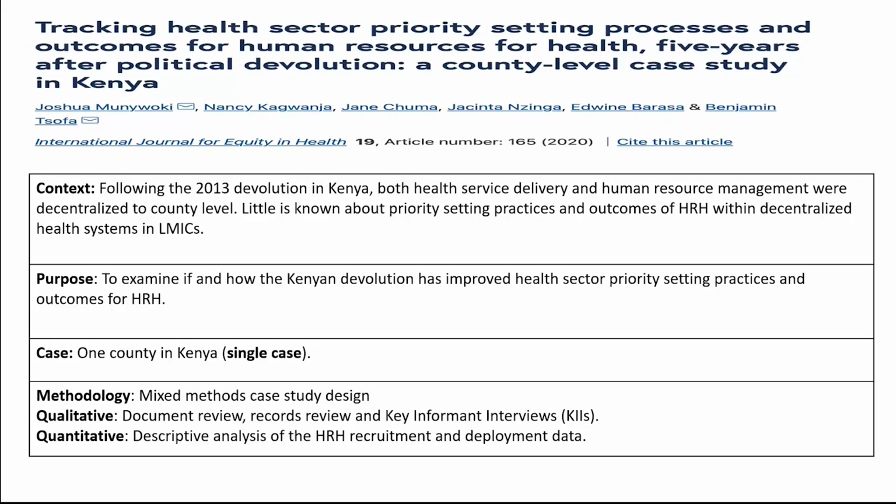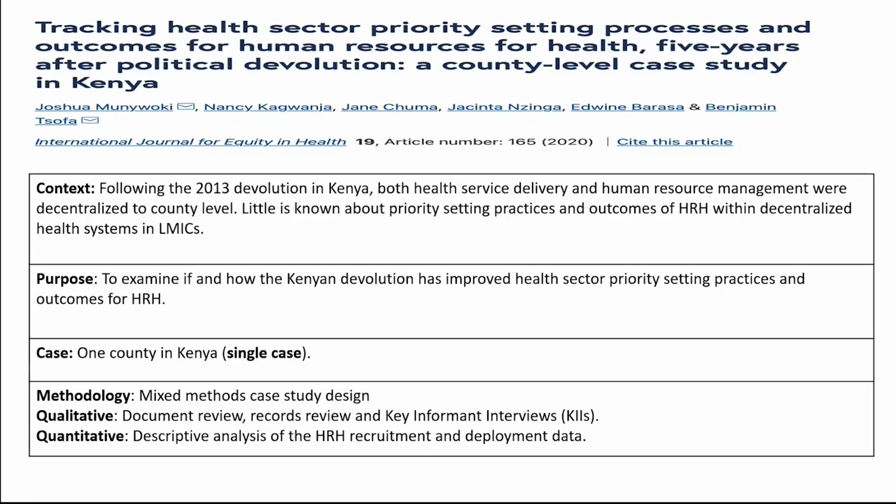So they've clearly described the context in which this case is situated. So they've described that it's within Kenya following the evolution where health service delivery and human resource management were decentralized to county levels, but there wasn't much known around priority setting practices and how those affected outcomes for human resources for health within decentralized systems in low and middle income countries.